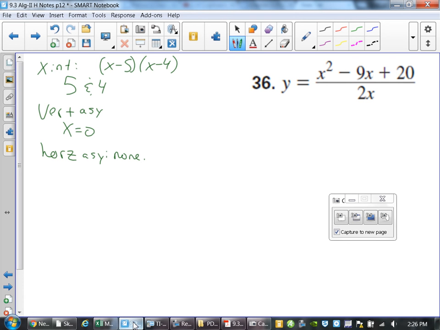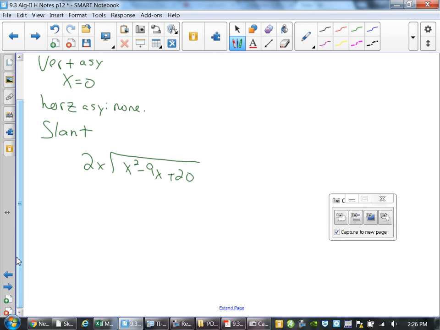What's the degree of the top? What's the degree of the bottom? Which means we have a slant asymptote. 2 divided by 9 is... How do I turn a 2x into an x squared? 1/2 x, yep.